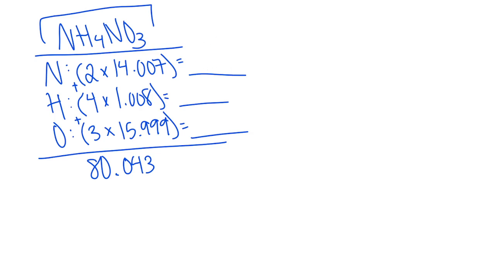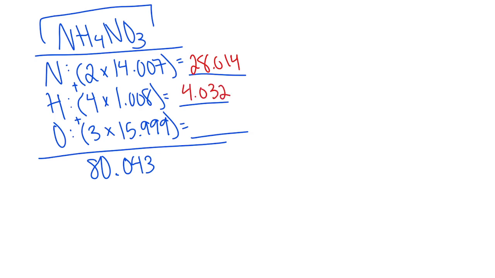Okay, just real quick to show you that you can do it the other way too, I'm going to calculate each of these. I'll put them in a different color so that we don't get confused, but it will end up with the exact same answer. So I can do 2 times 14.007, and that gave me 28.014. And then I do 4 times 1.008, and that gave me 4.032.